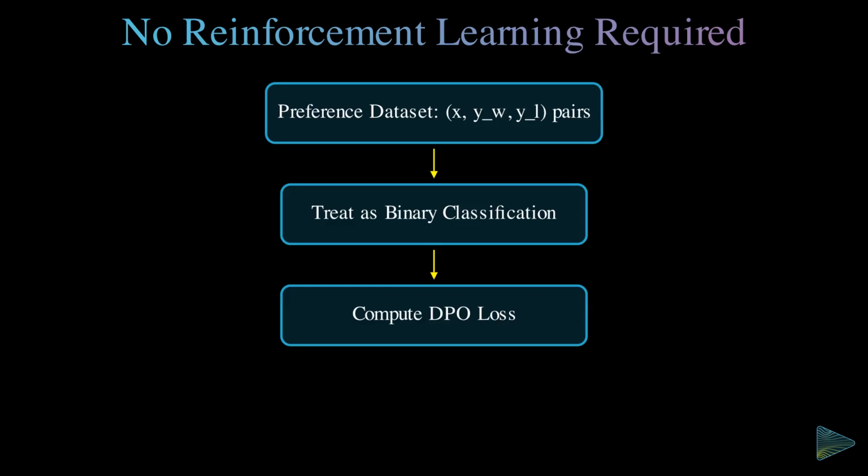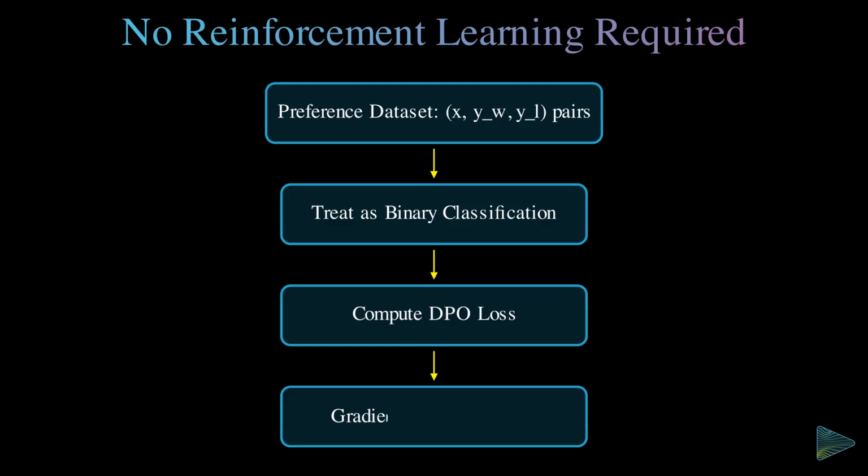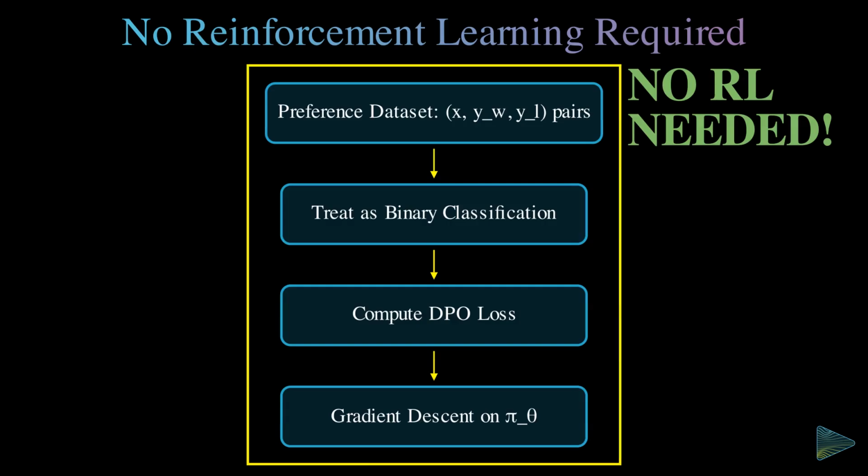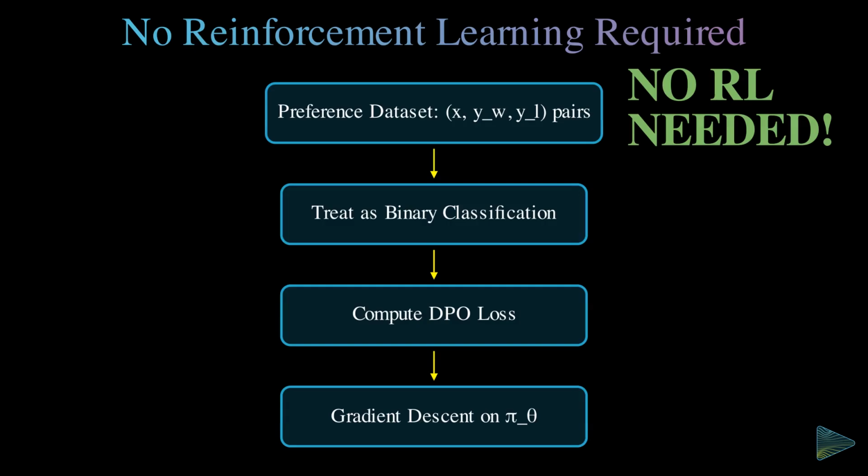We compute the DPO loss for each pair. We use gradient descent to adjust the policy parameters theta to minimize this loss, which increases the probability of correct preferences. It's that simple. No reward model training, no RL algorithms, no complex optimization, just straightforward supervised learning.